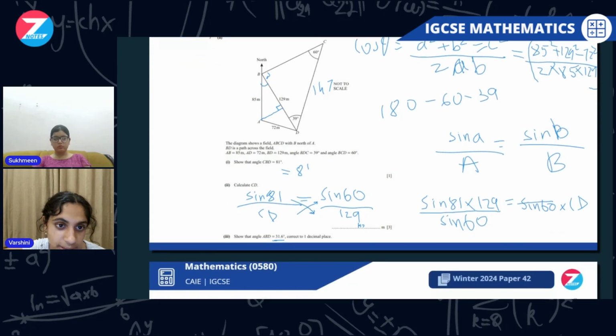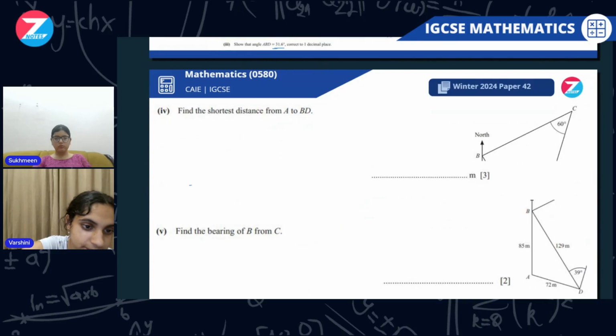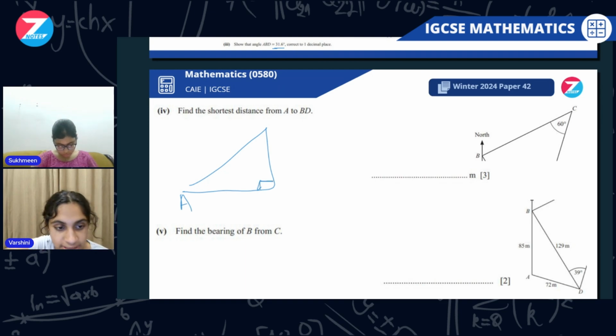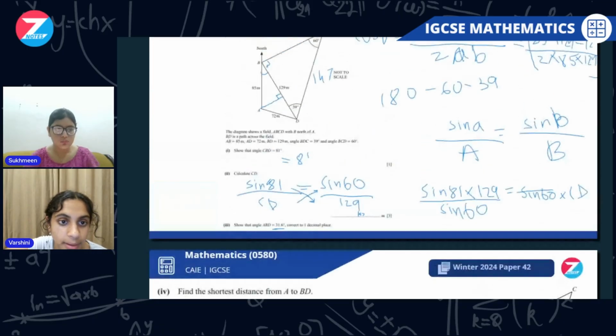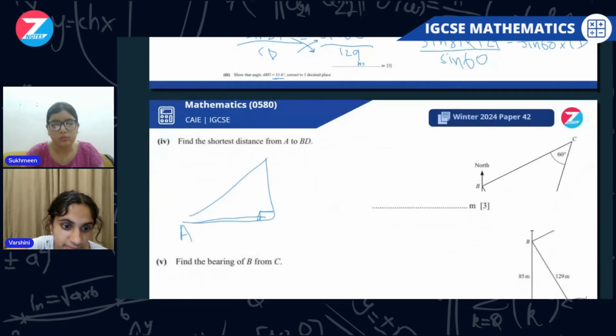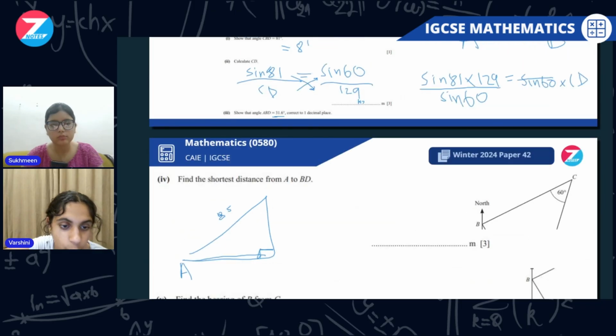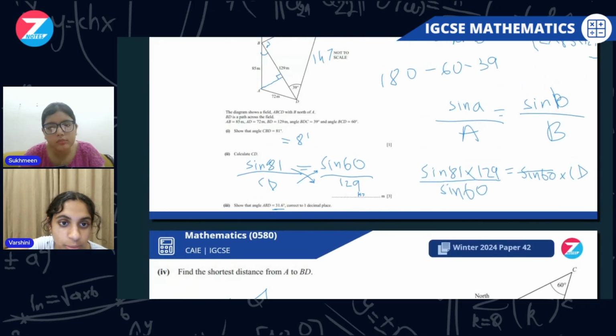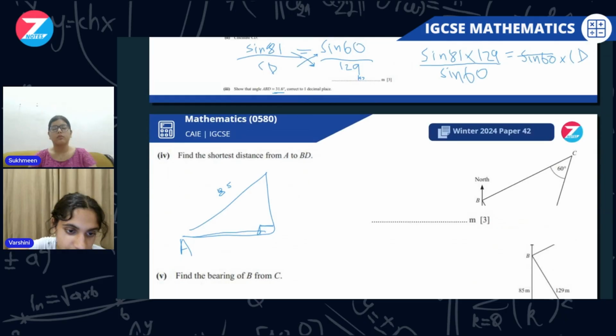And to make this clear, we can make this a right angle triangle over here with A, and this distance is the one we want. We know that this distance is 85, and we know the angle is 31.6.